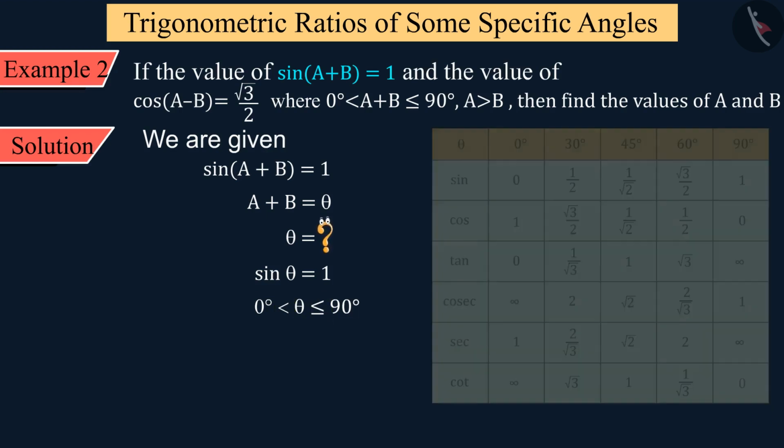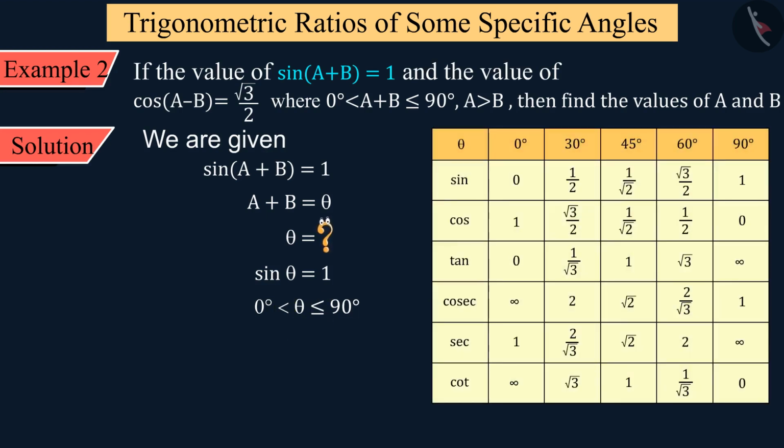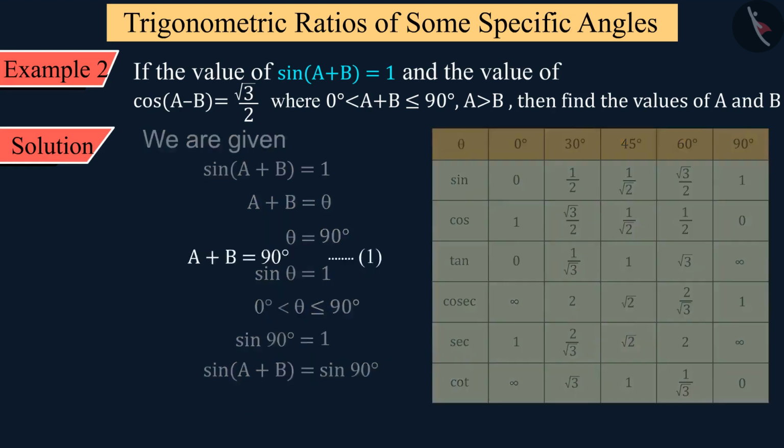By looking at the table, we can tell that the value of sin 90 degrees is 1. That is, here the value of theta is 90 degrees. So, we can write sin 90 degrees in place of 1 on the right side of the equation. Comparing both the sides, we get A plus B equal to 90 degrees, which is shown by equation 1.